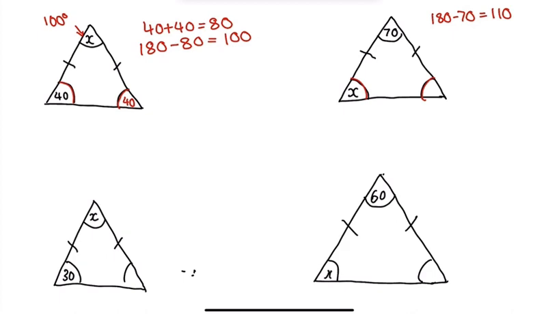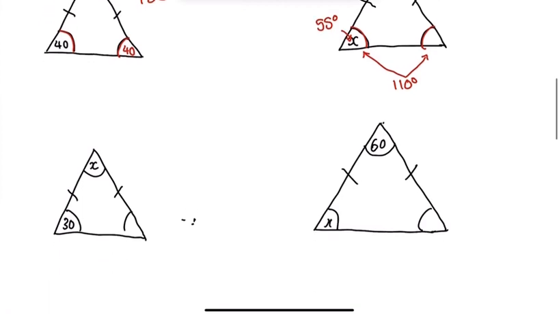Now, because both of those angles at the bottom are the same, I can share that 110 equally between both of those angles. That means I can do 110 divided by 2, which leaves me with 55, meaning that both of these angles here must be 55. You can see there how when we know the angle at the top, we work it out slightly differently to when we know what the angle is on the bottom.